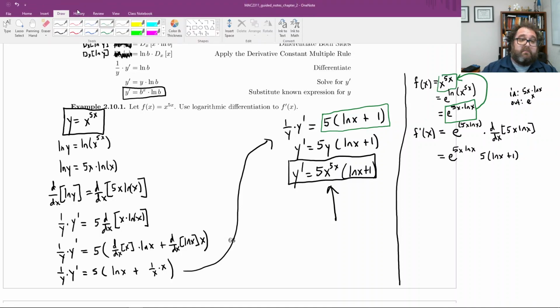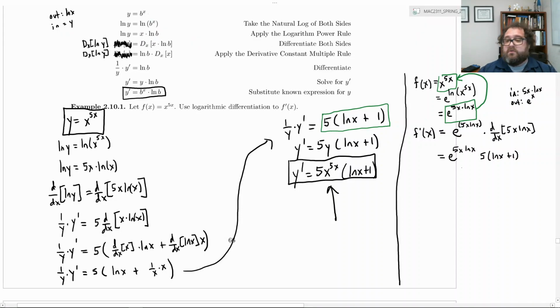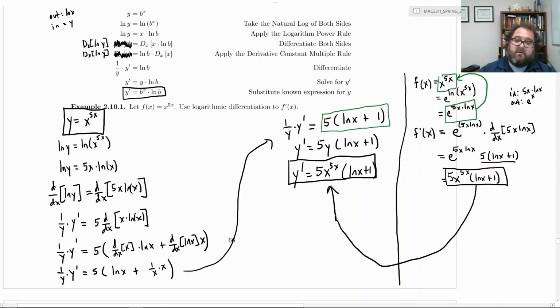So we can basically undo the algebra that we did earlier and say this is just x to the 5x times 5 out front, times natural log x plus 1.